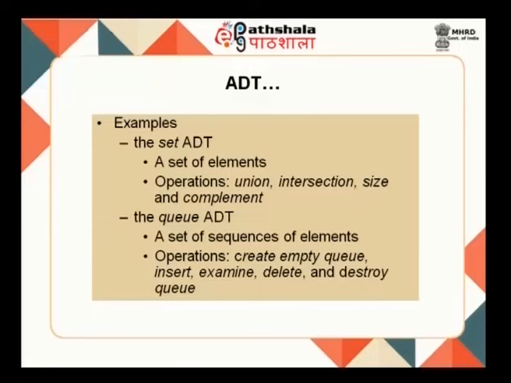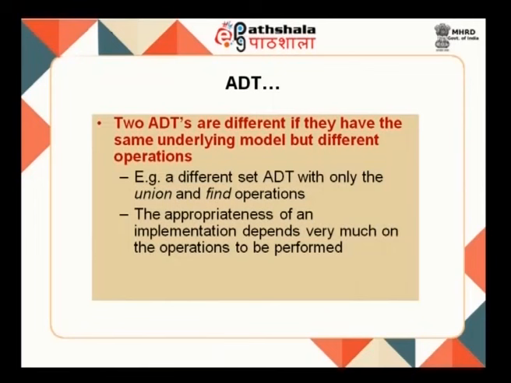Similarly, you can define what is called a queue ADT. Again, it is a sequence of elements, and the operations can be create empty queue, insert, examine, delete, destroy queue. You can have different types of operations associated. Now, one thing you have to remember is that two ADTs are different if they have the same underlying model but have different operations associated with it.